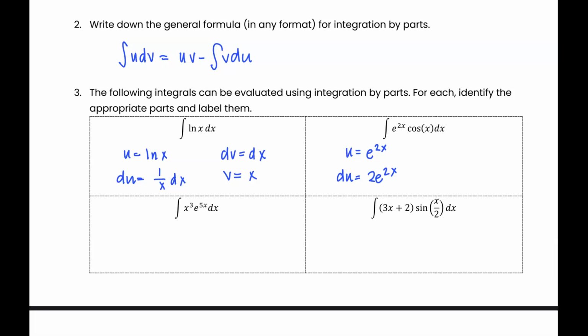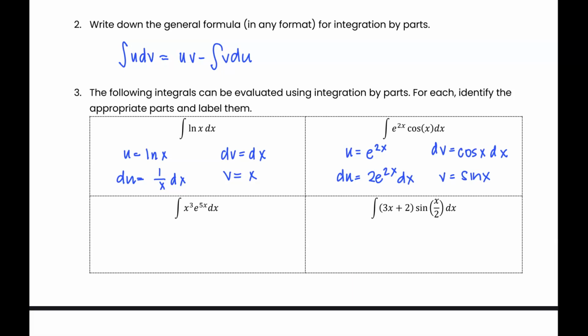It's just a slightly easier process that's going to result in not having fractions running about. But both choices would have been correct here. So in this case, that makes my dv cosine of x dx, and then my v would have been sine of x. We get a bonus in this one. Not only do we keep nice whole numbers, no fractions, but no negative signs to keep track of as we move forward.